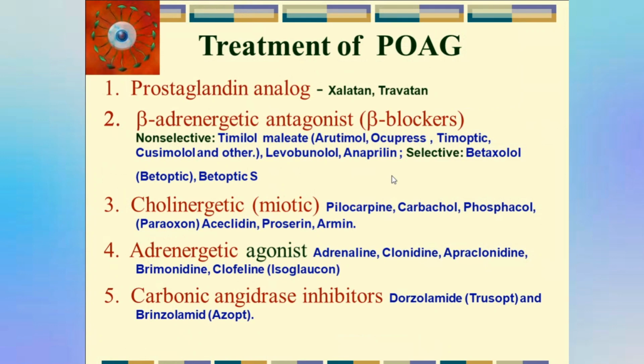On this picture you can see the groups of medicines which we use for local treatment of primary open-angle glaucoma. The first line treatment is prostaglandin analogs like Xalatan, Travatan. Xalatan is latanoprost, Travatan is travoprost. Beta blockers we can use.